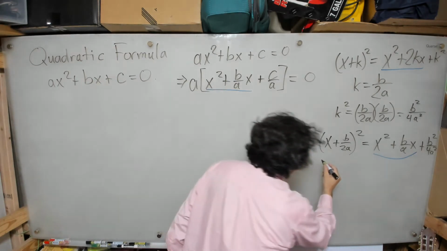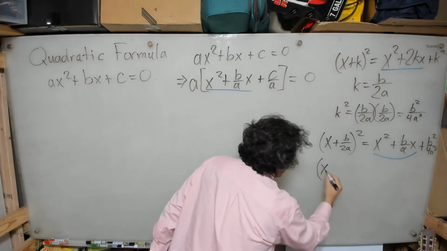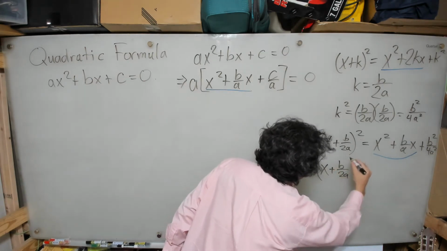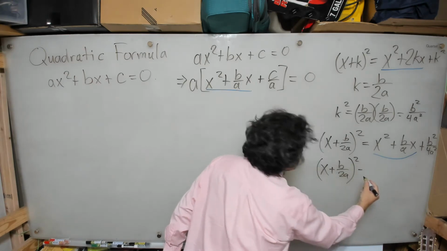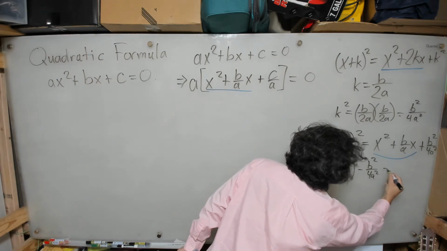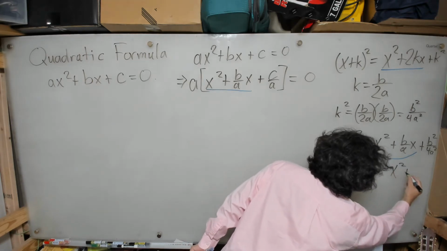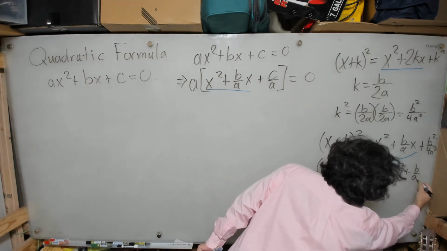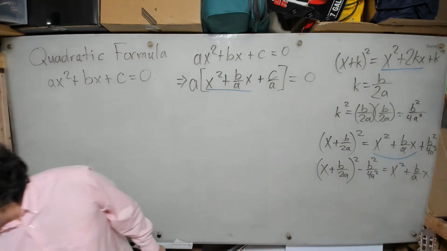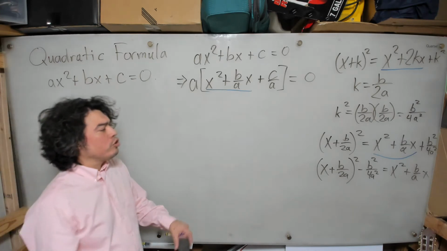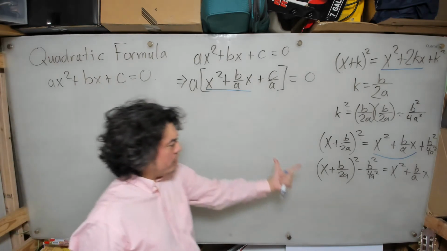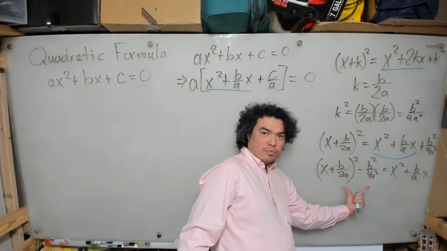In other words, I'm going to write it like this: x plus b over 2a squared minus b squared over 4a squared is going to equal x squared plus b over a times x. Okay? So now we're in a position to replace this term here by this left-hand side expression.